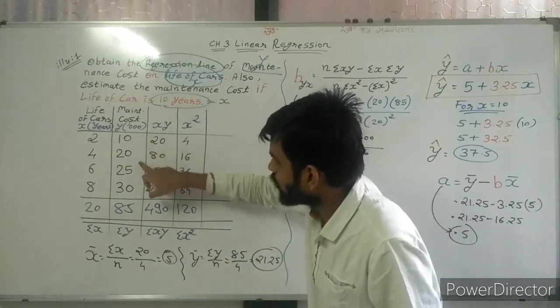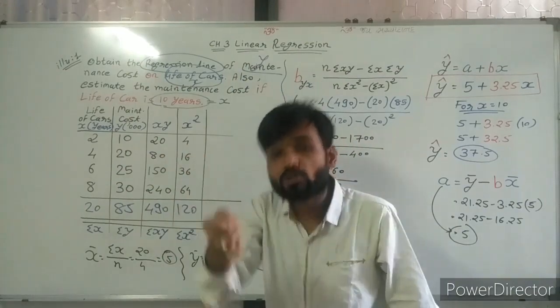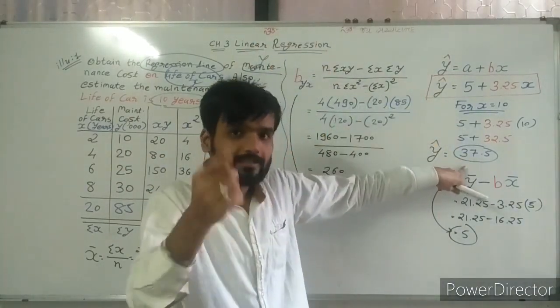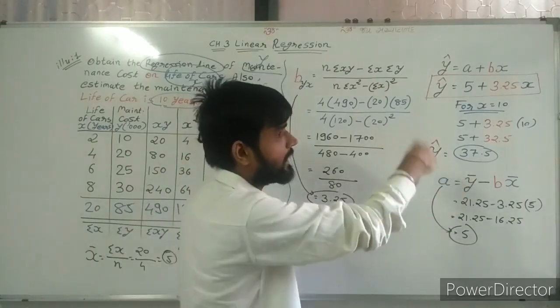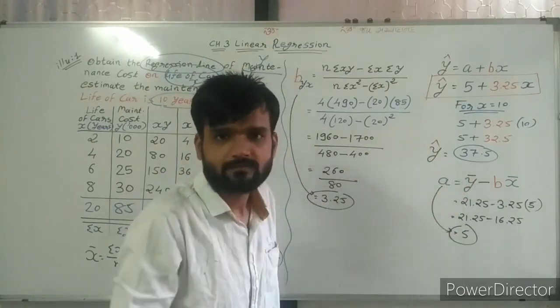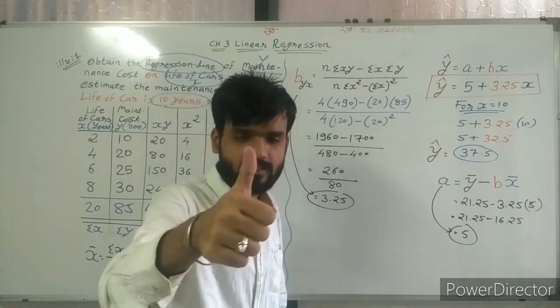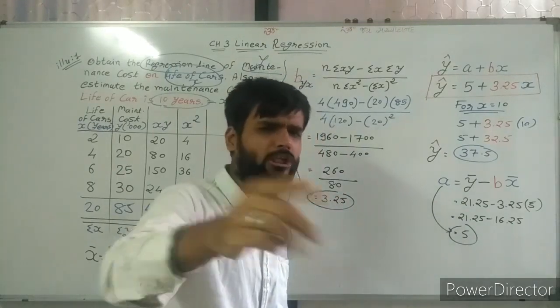These are the original values of y. These are not estimated values. But on the basis of the regression line, whatever answer we are getting, that is the estimated value. And for that estimation, we are writing the cap sign. This is the main thing. Y cap is written. Now everybody clear?